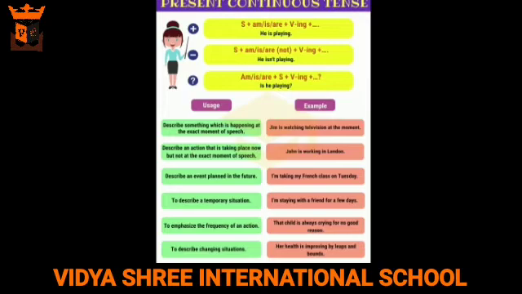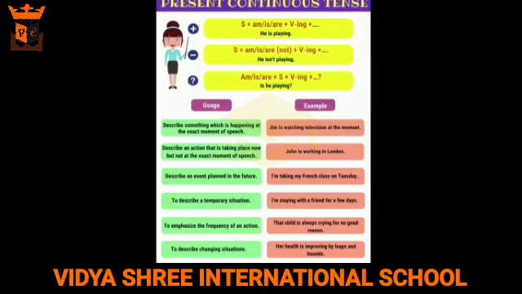It is used to emphasize the frequency of an action. For example, that child is always crying for no good reason. And to describe changing situations, for example, her health is improving by leaps and bounds.